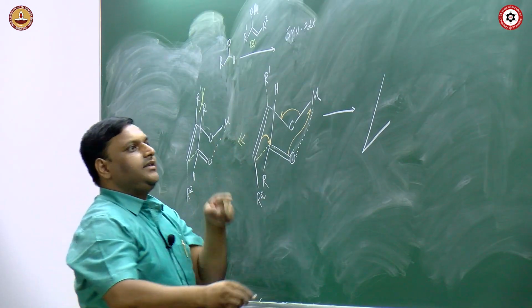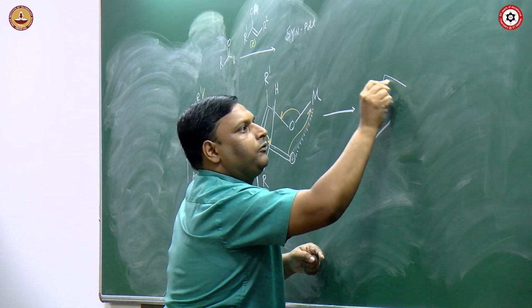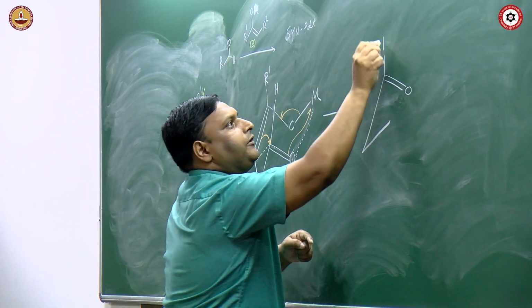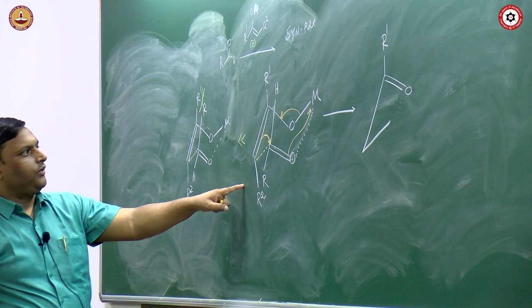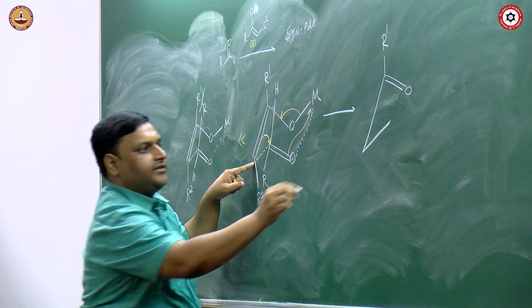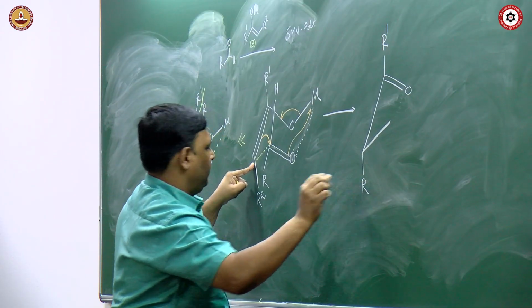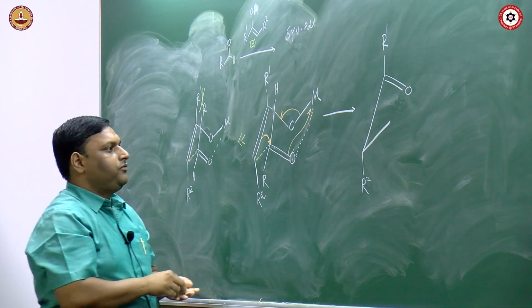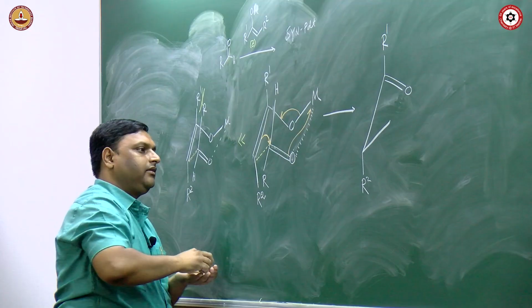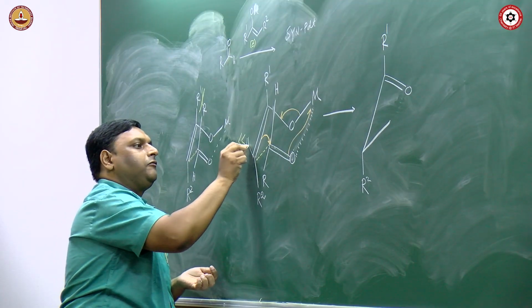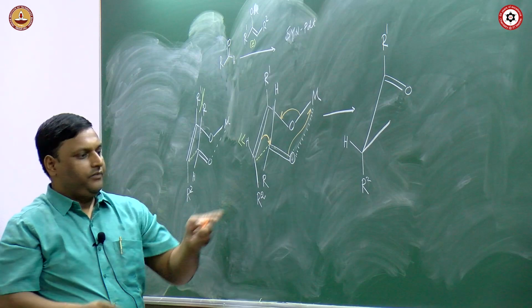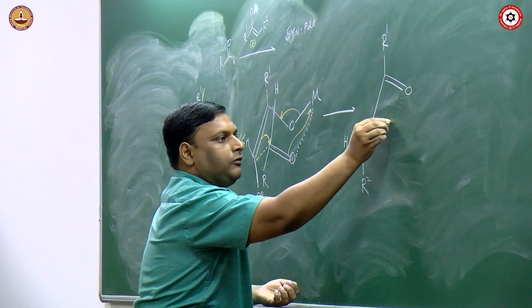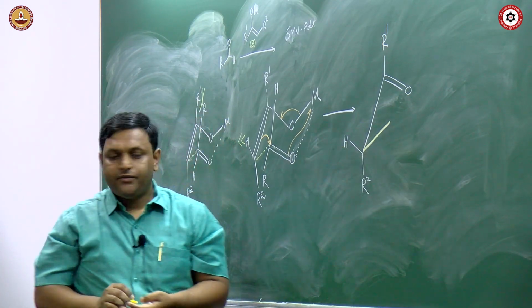I can see that this becomes a carbonyl and this becomes an R1, and there is an R2. If you want, I can put a hydrogen here for our understanding that there is one hydrogen here. Now, this is a new bond which is formed.